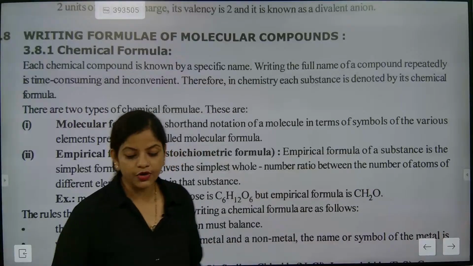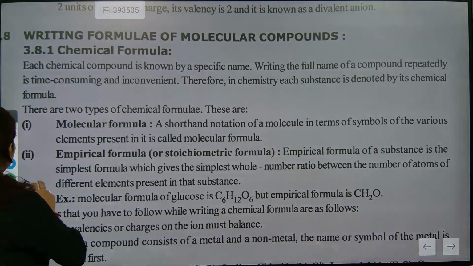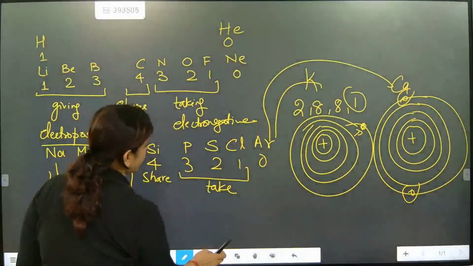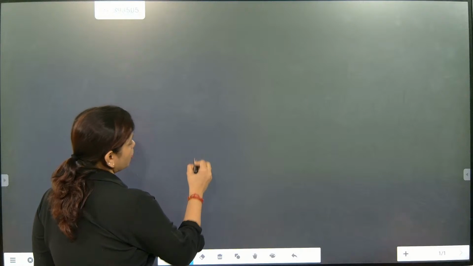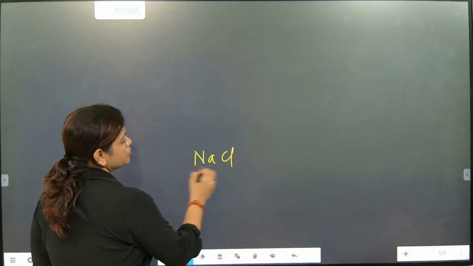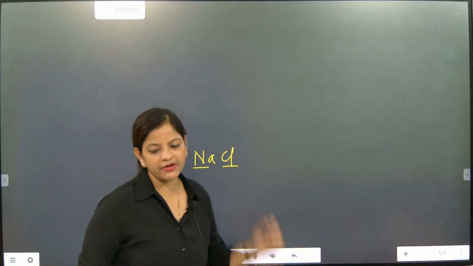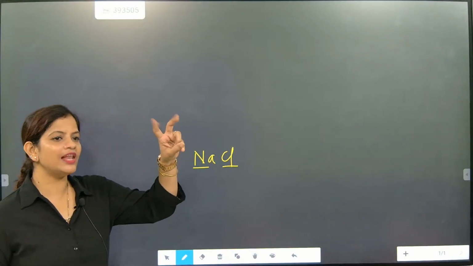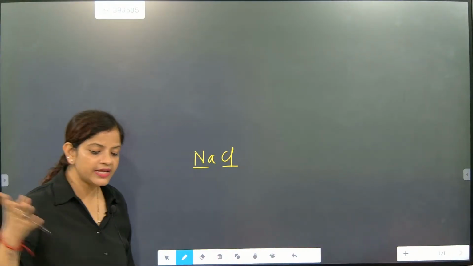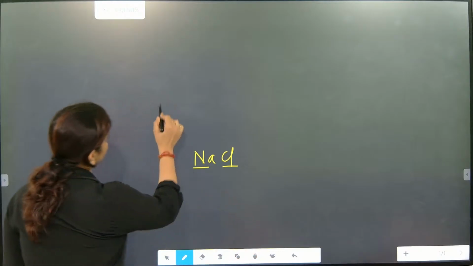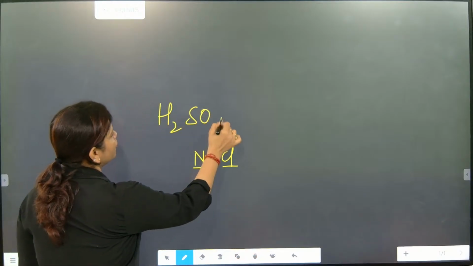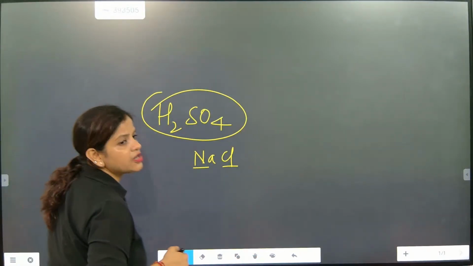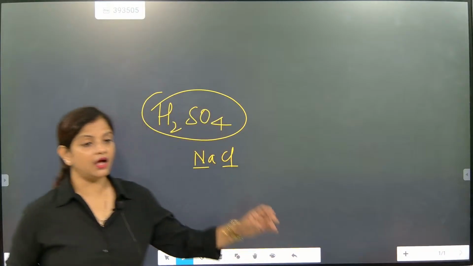If I'm going to talk about this one, look here, sodium combining with chlorine. That means one element combined with another element. So they combine with how many, beta? Two elements combined. But it's not the case always. You might have seen sulfuric acid, H2SO4. How many elements are involved in combination and making a compound?